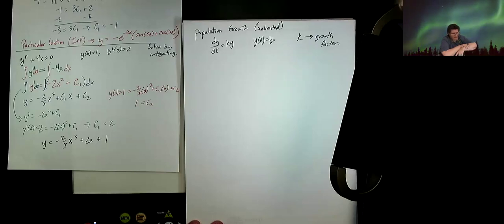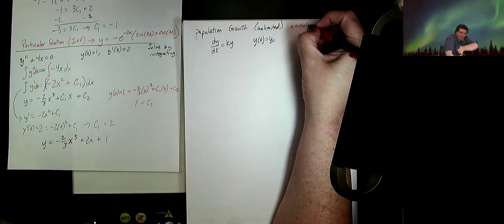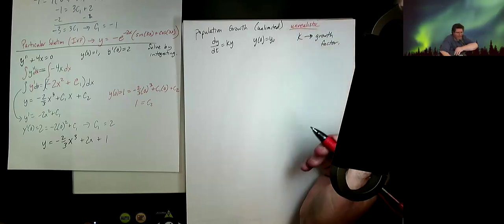And this has an exponential solution, as we'll see tomorrow. If we had unlimited growth, you're going to have an astronomically high amount after a short period of time. So unlimited population growth is very unrealistic. But it does give us an idea of how things are modeled.